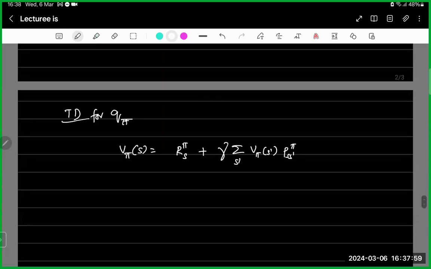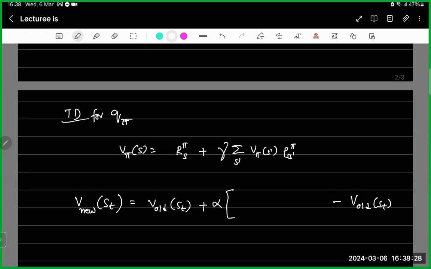So here we had a general update rule, right? What was the generic update rule we had for any algorithm for estimation? V new of S_t equal to V old of S_t plus some small constant times our new estimate minus old estimate, right?